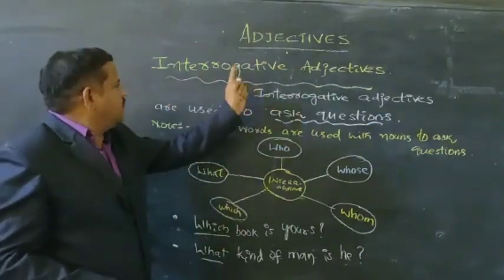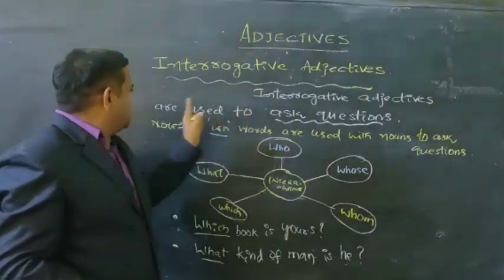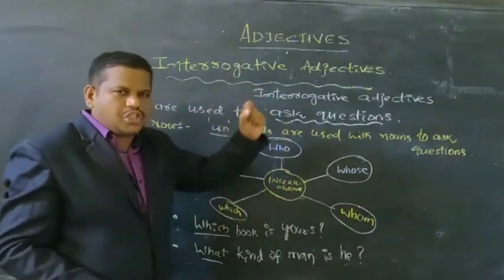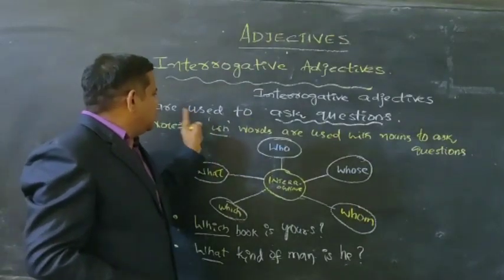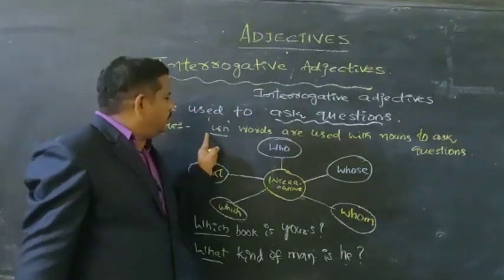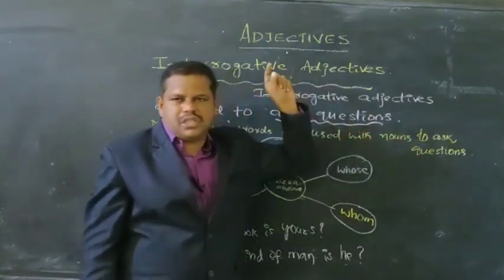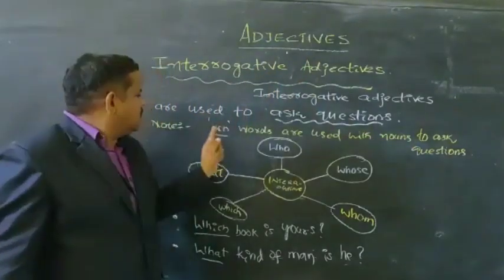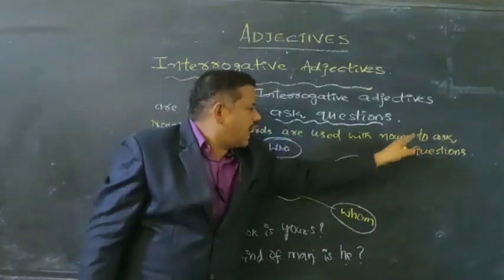That is what we call interrogative adjectives. Once again, interrogative adjectives are used to ask questions. Note one point: WH words are used with the nouns to ask a question, either a noun or a pronoun.